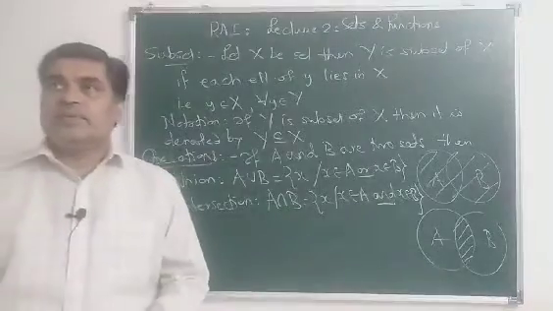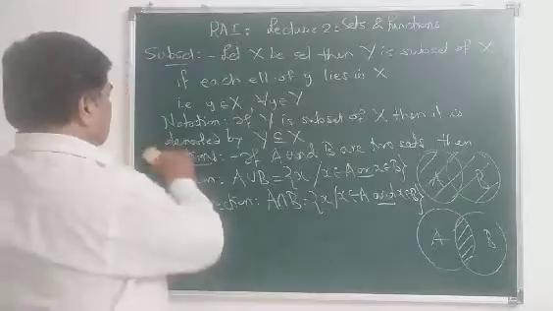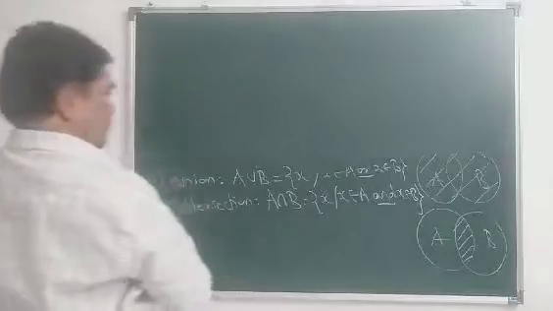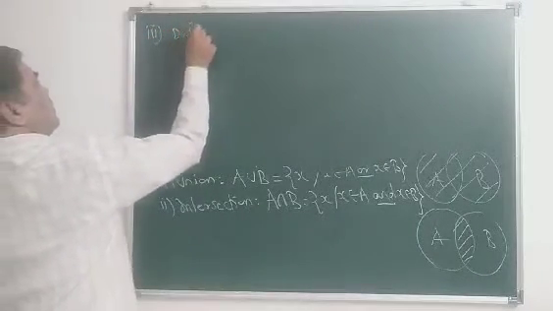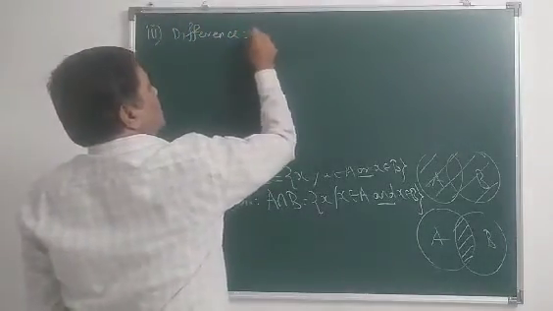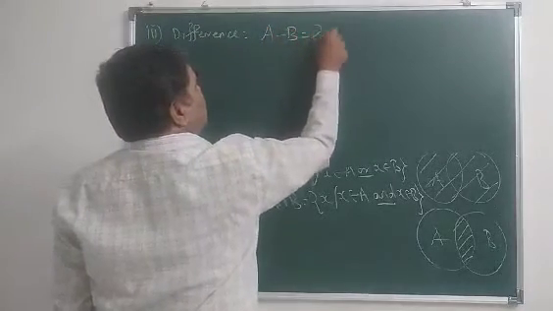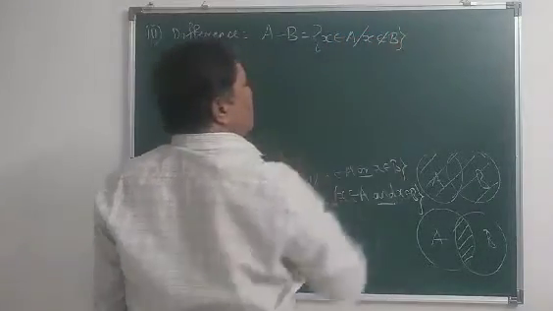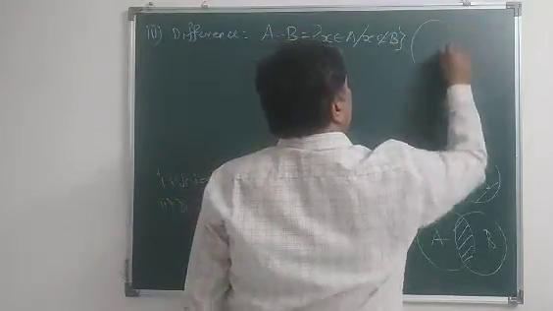The other operation is the difference of sets. So the third operation is difference. If A and B are two sets, then A minus B is the set of those x belonging to A such that x doesn't lie in B. By Venn diagram, what is the portion of A minus B?